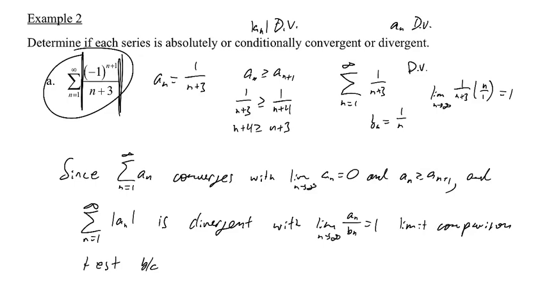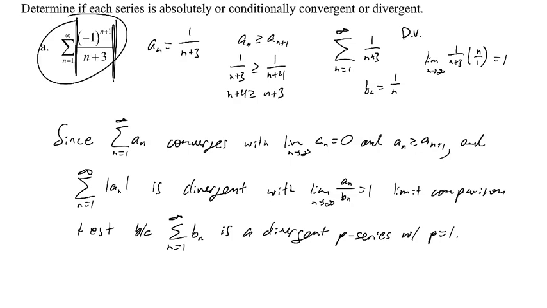Because b sub n, the series for b sub n, is a divergent p series with p equaling 1.